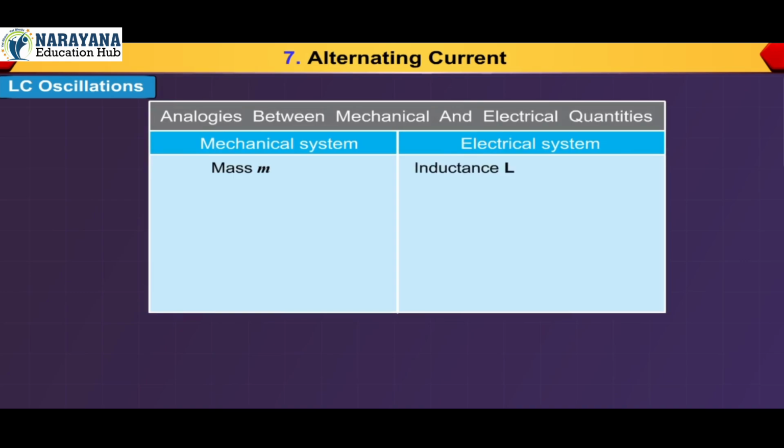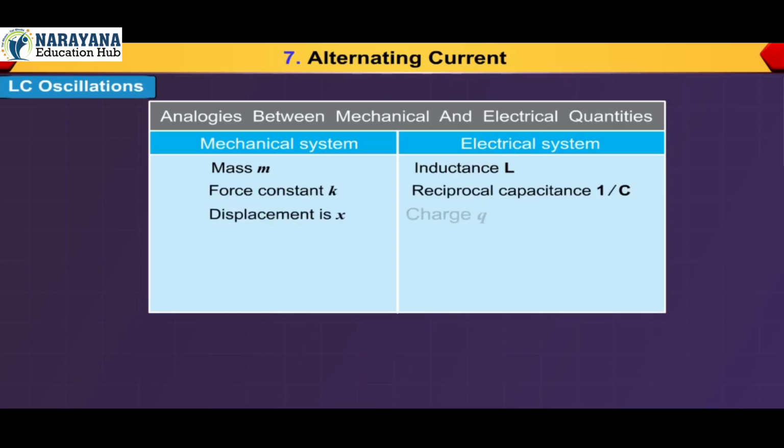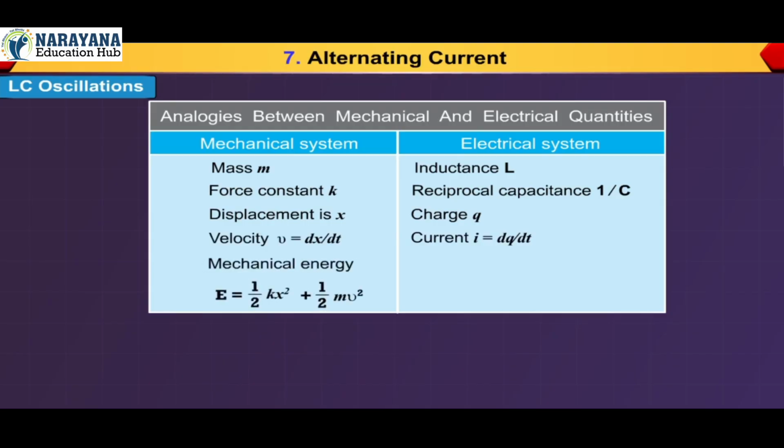Mass m, inductance L. Force constant k, reciprocal capacitance 1/C. Displacement x, charge q. Velocity v = dx/dt, current I = dq/dt. Mechanical energy E = (1/2)kx² + (1/2)mv². Electromagnetic energy E = (1/2)q²/C + (1/2)Li².